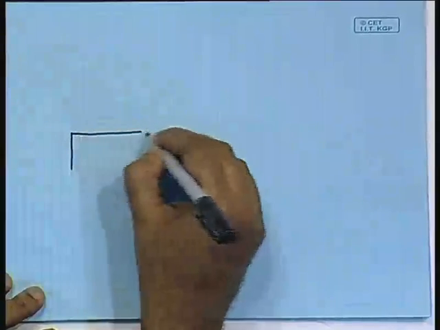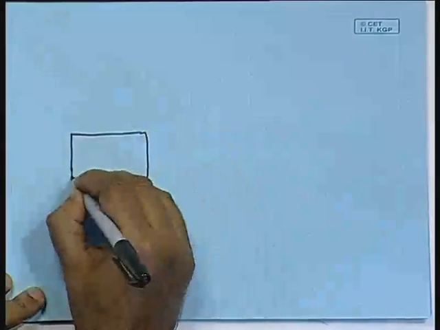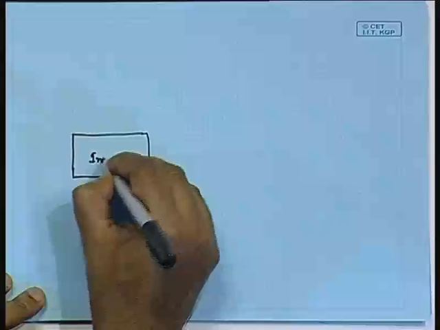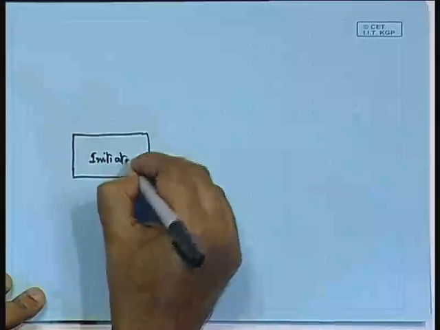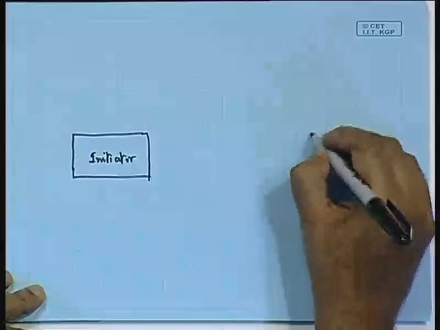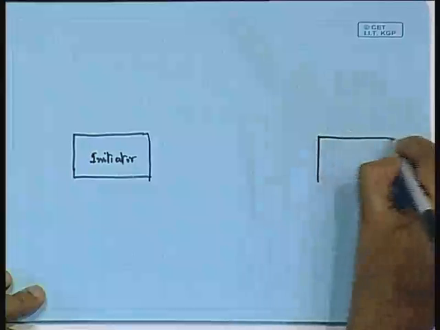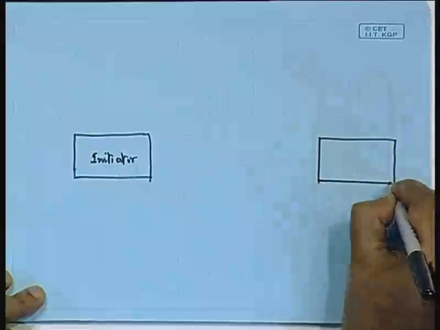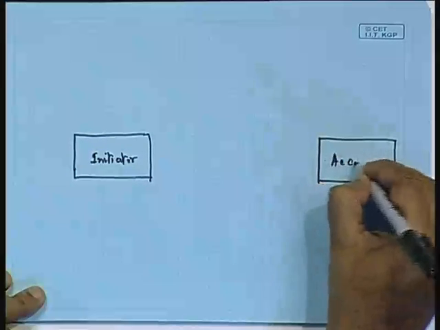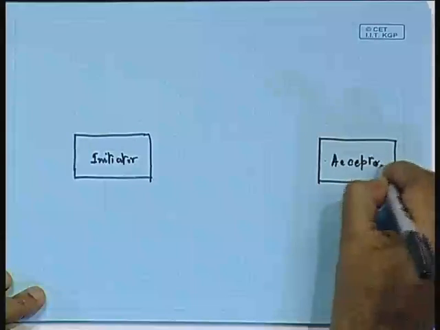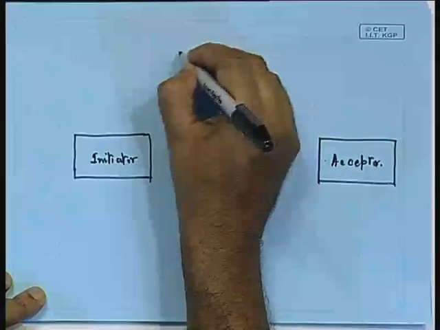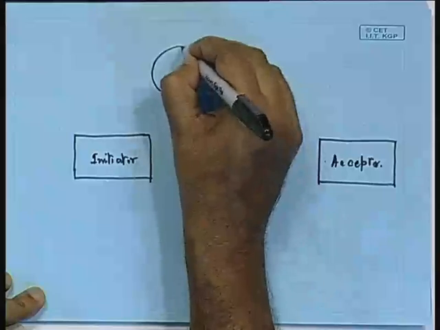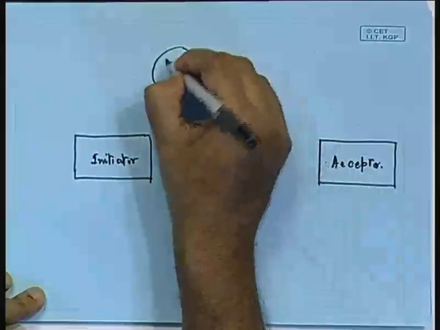So, let us say that we have a station which is the initiator, and we have another station which acts as the acceptor, and the initiator is connected to a multiplexer.